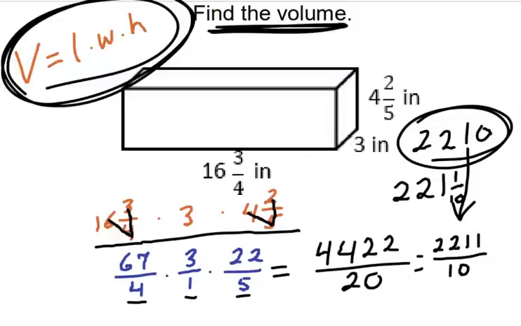So let me just rewrite this over here so it's a little easier to see. Our answer is going to end up being 221 and 1/10. And since it's volume, inches cubed. All right, there's our answer.